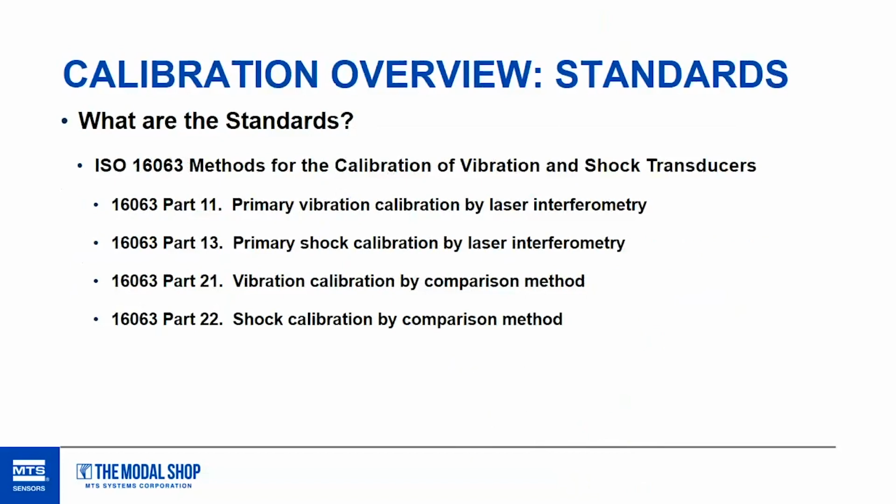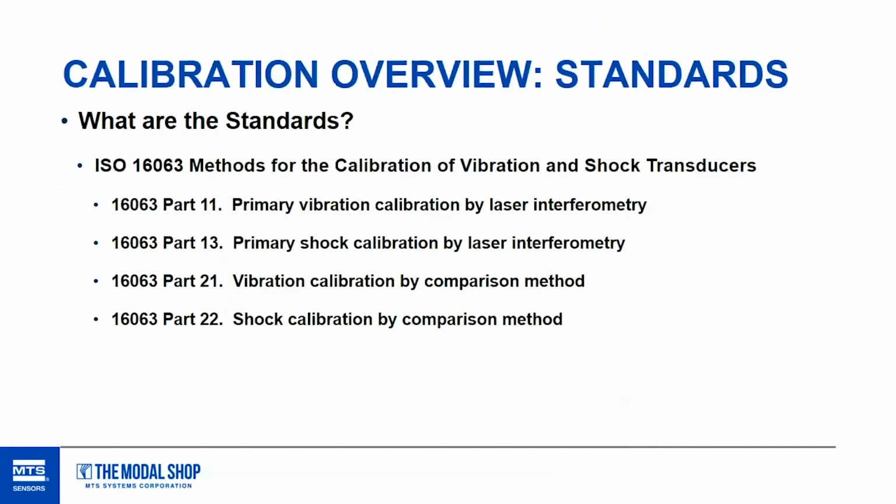And if we get more specific than that, if we go into the calibration standards themselves, we have the ISO 16063 series, which is in multiple parts. There's part 11 and part 13, which are primary standards, and then part 21 and part 22, which are the secondary standards. And those each have to do with shock and vibration, or vibration and shock.